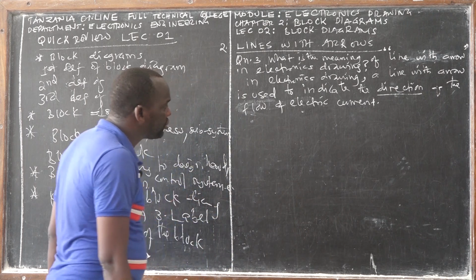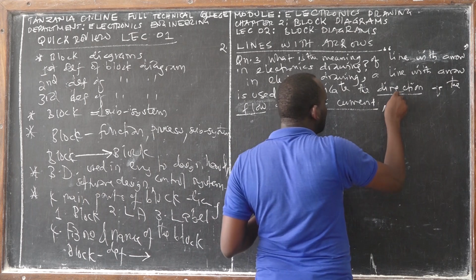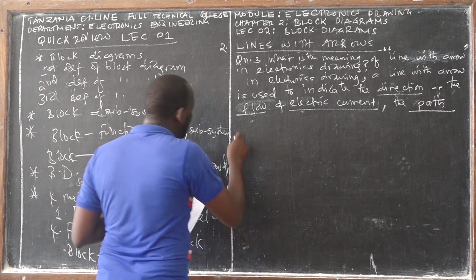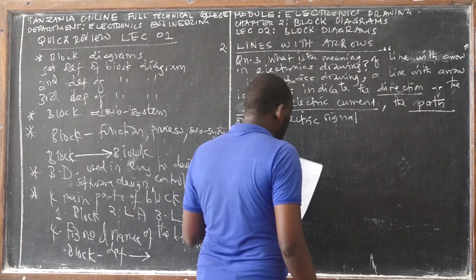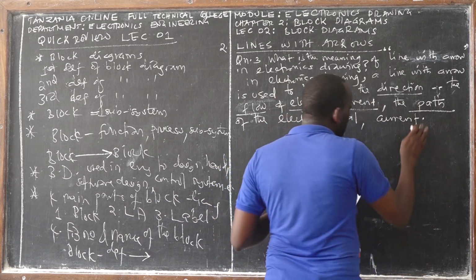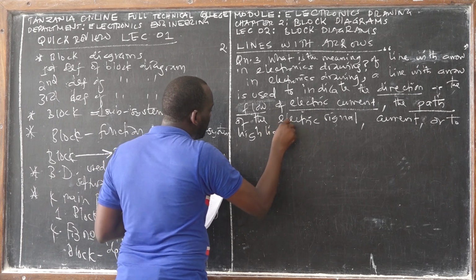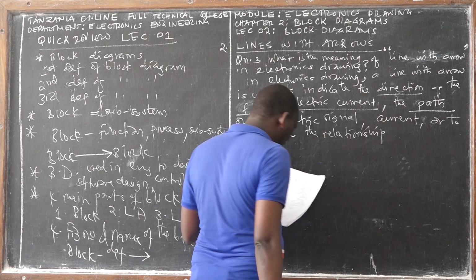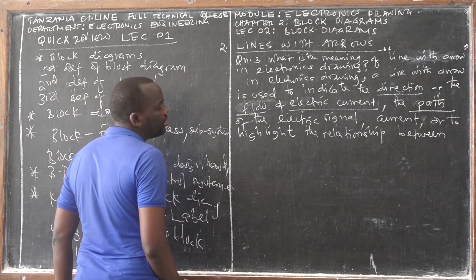A line with arrow is used to indicate the directions of the flow of electric current, or sometimes is used to show the path, to indicate the path of the electric signal or electric current, or to highlight the relationship between components, between blocks.